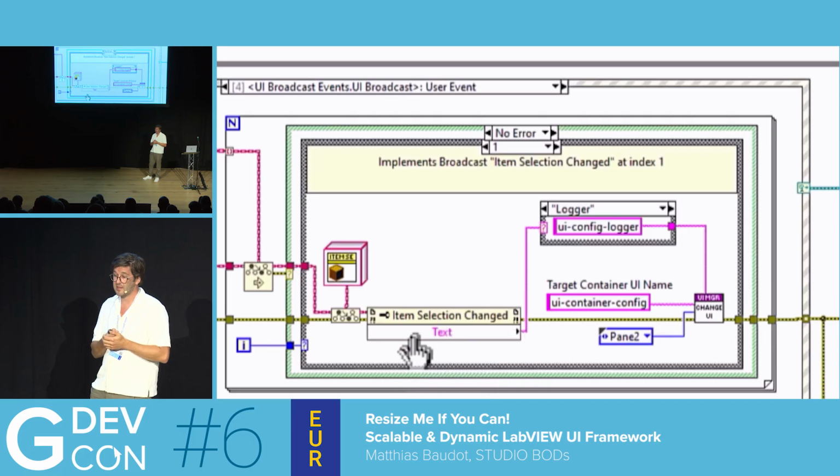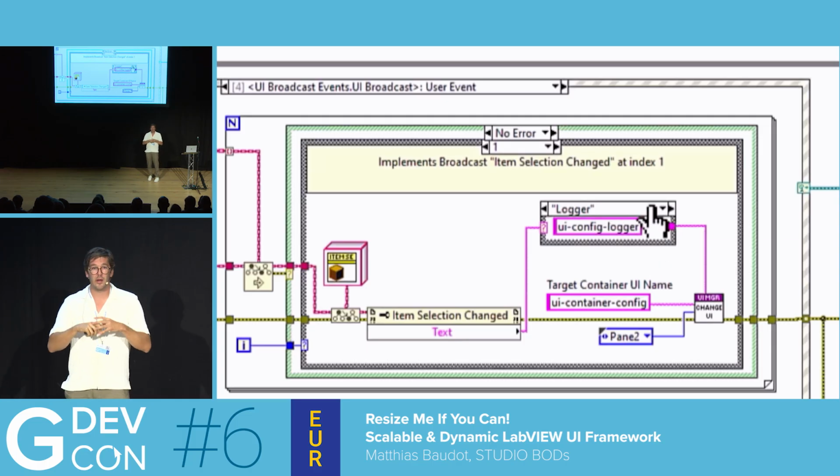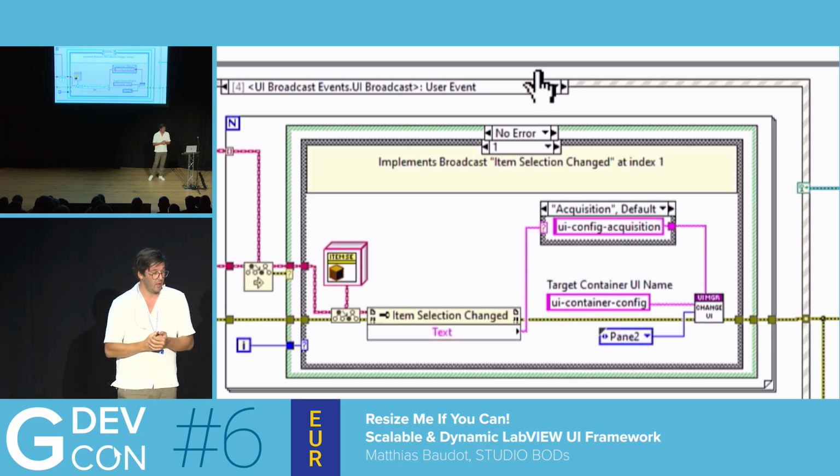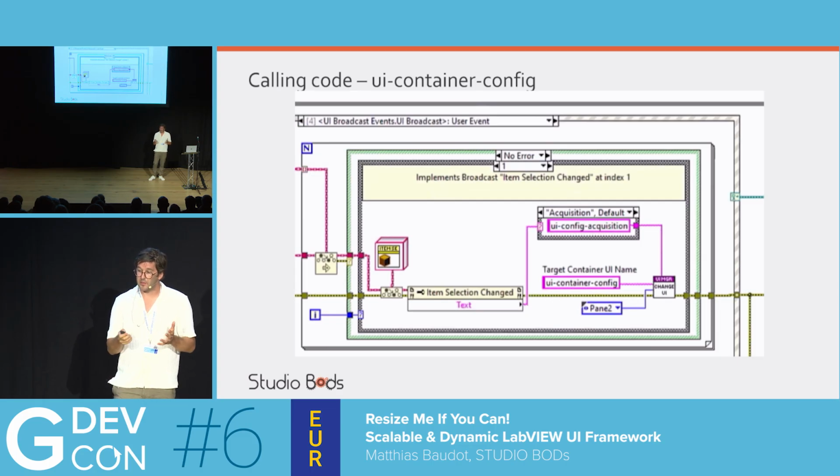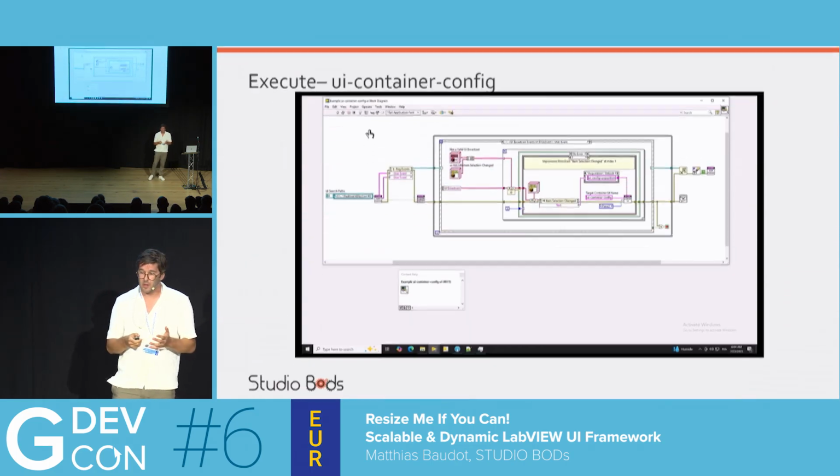If the text is logger, I put the UI config logger UI module in pane 2 of my container config, calling the change UI function of my framework. And if the text is acquisition, I load UI config acquisition in pane 2 of my container. That's pretty much it for this example.